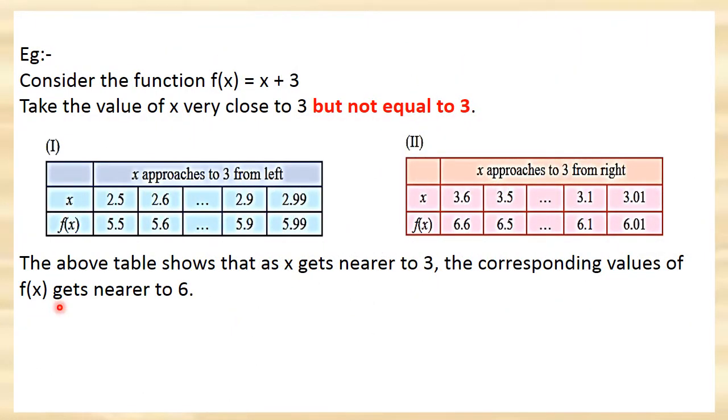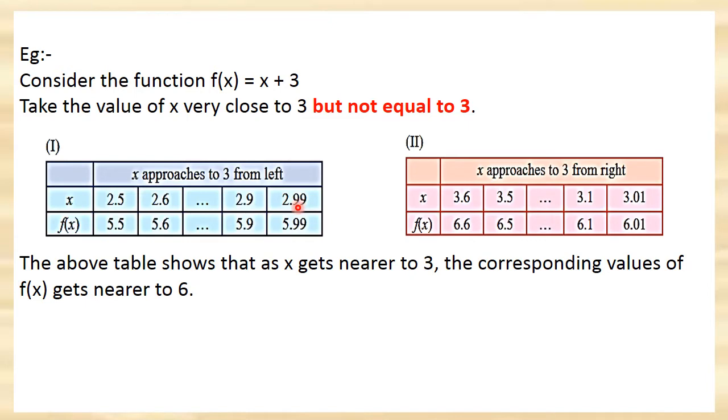Let's see an example. Consider the function f of x is equal to x plus 3, and take the value of x very close to 3 but not equal to 3, meaning x is approaching 3. X approaches 3 from left, meaning the value of x increases to 3. That is 2.5, 2.6, etc., 2.99, etc. Still it is not exactly 3.